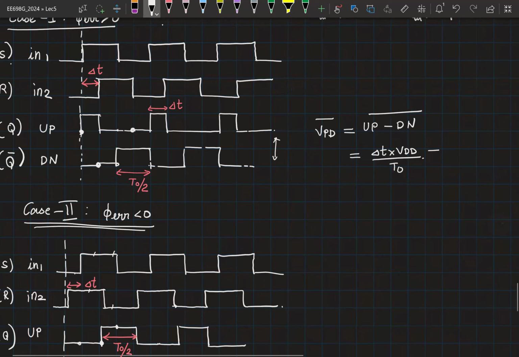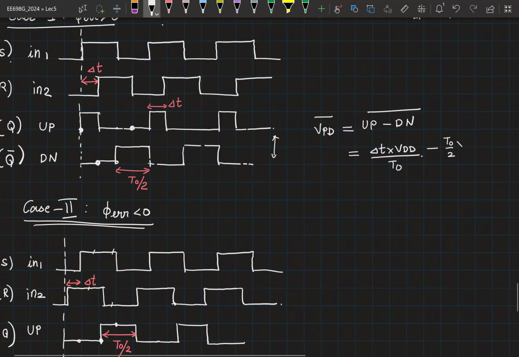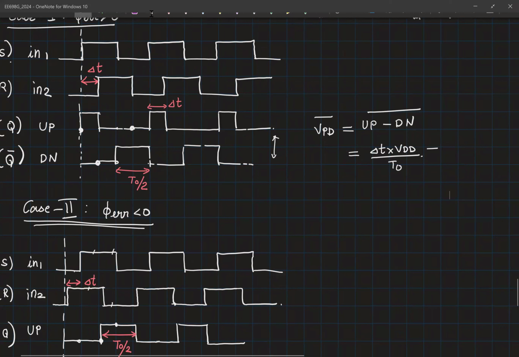That is simply T naught by 2 into VDD by T naught, which becomes VDD by 2. But this is something you should be able to look at the figure and tell also, right? For half the period, it is at VDD. For the other half of the period, it is at 0. So the average will be VDD by 2.